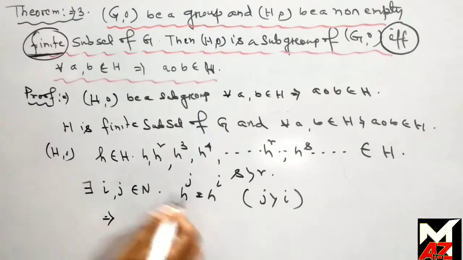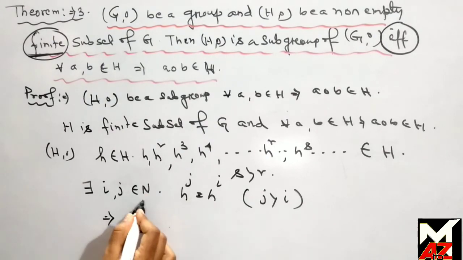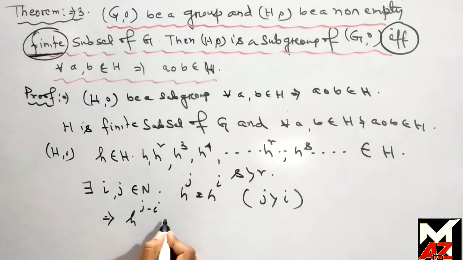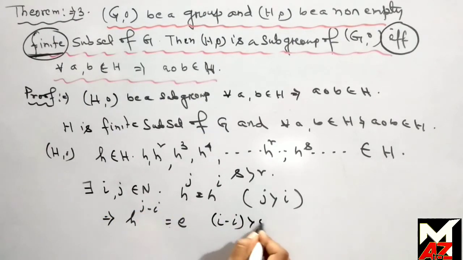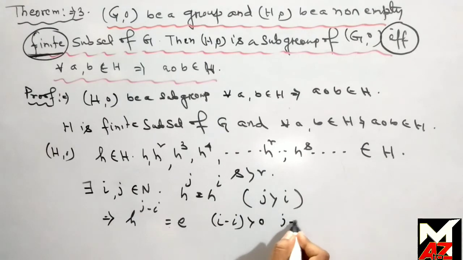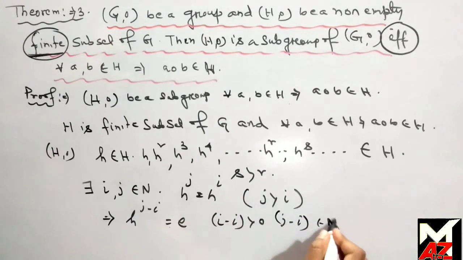Now this relation gives h to the power j minus i is equal to e, right? And j minus i is greater than 0. Also j minus i belongs to natural numbers.